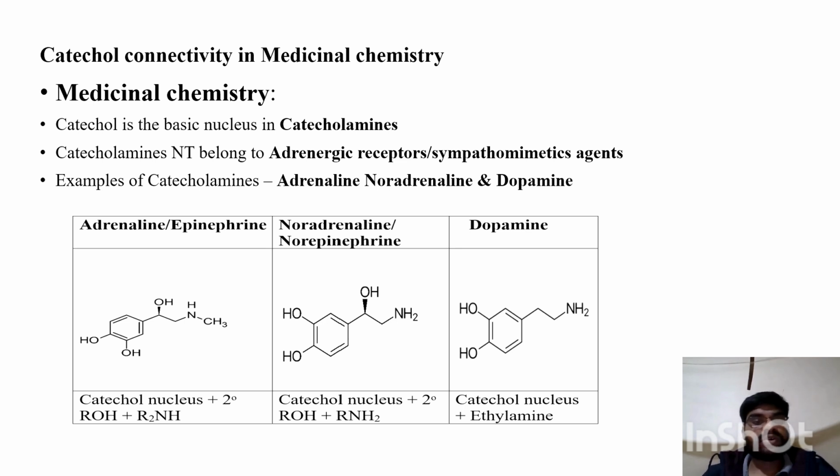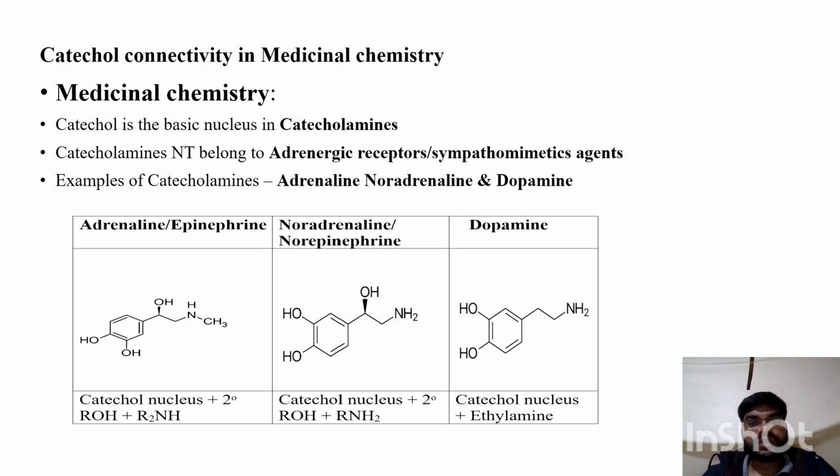To draw the structure of adrenaline, first we have to memorize the basic nucleus. The basic nucleus in adrenaline is catechol, or dihydroxybenzene, with a secondary alcoholic group as well as a secondary amine group.